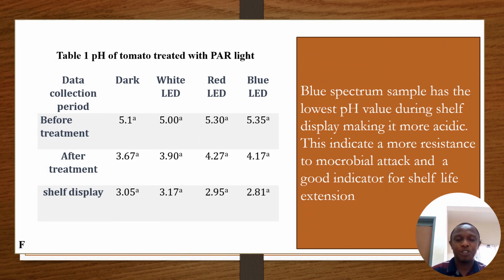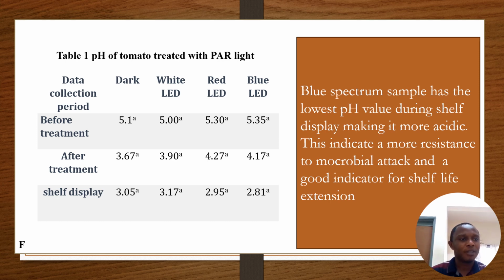The pH is seen as a good indicator of quality assessment in tomatoes. The lower the pH of tomatoes as tomato ripens, the more resistance the tomato has to microbial attack.